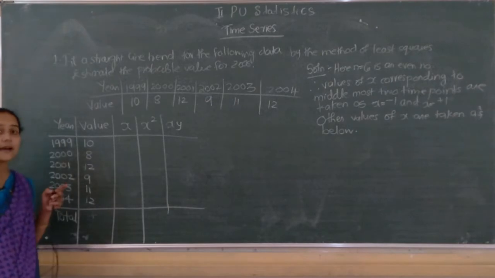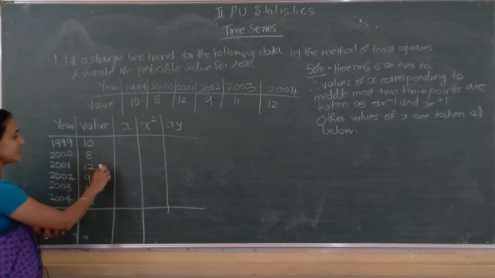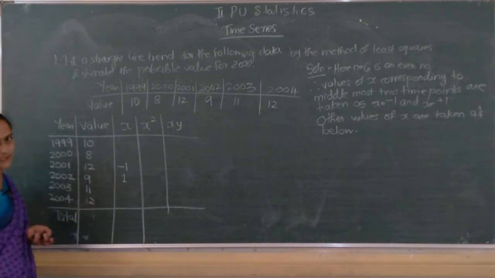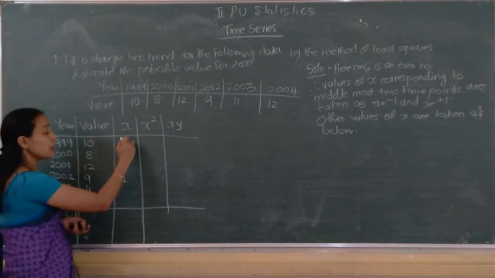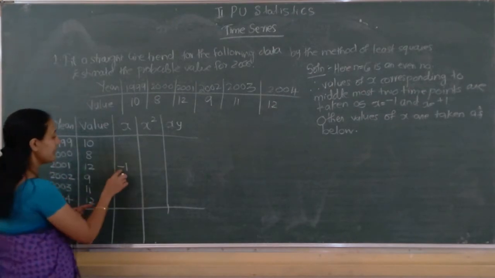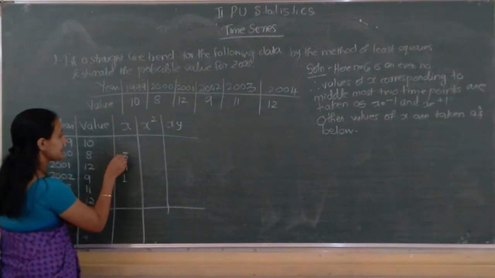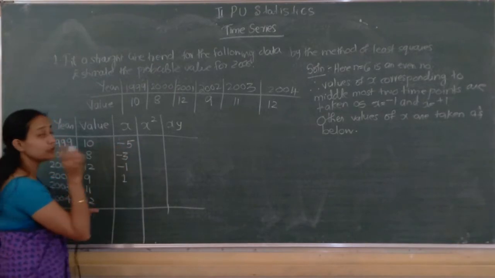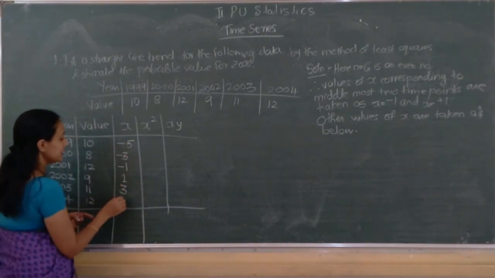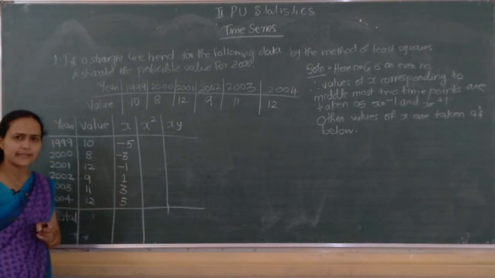For x, the middlemost two points: here it is minus 1, for this one plus 1. Next above, a difference of 2 since this is an even number: minus 3, minus 5. Below 1, 3, 5. Clear?